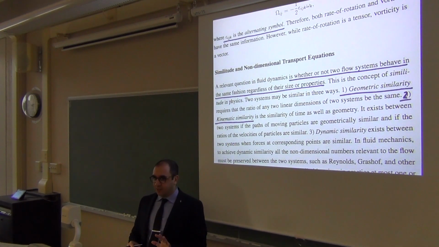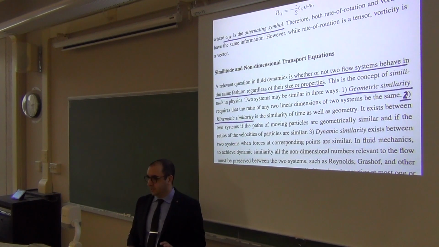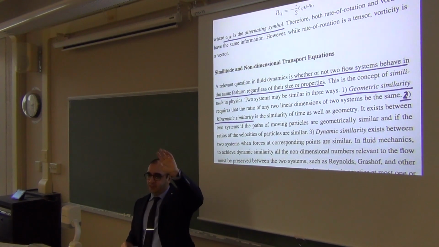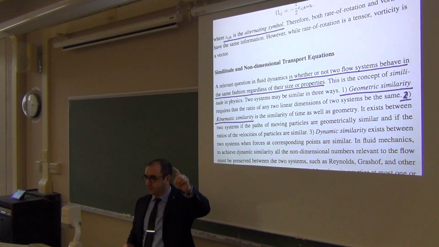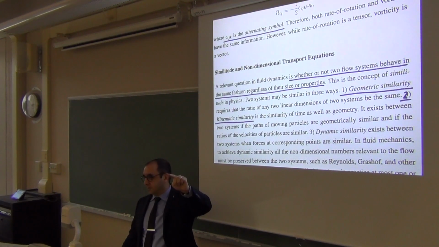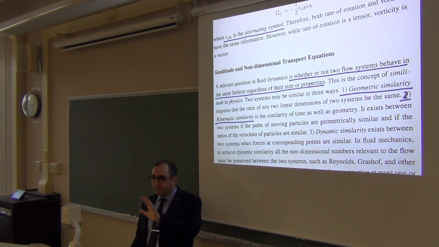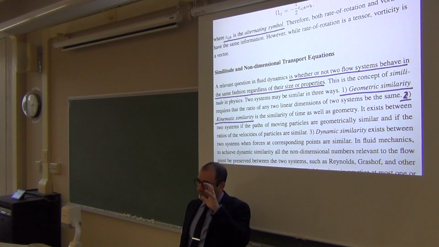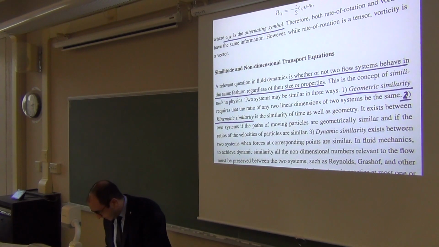The ratios of velocities in the two systems must be the same. If in the big one, on the top of the domain, let's say the velocity was 10 meters per second, and the top one for the scale model was 1, that's a ratio of velocities. The ratio of velocities should be the same everywhere in the full-size phenomenon or the scale model.